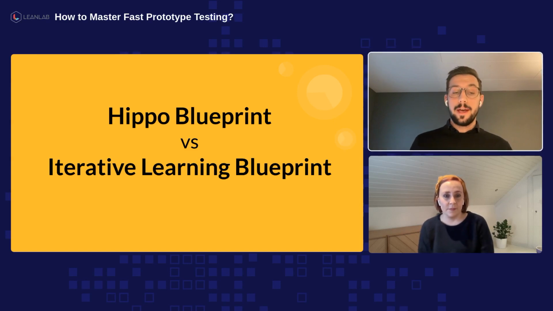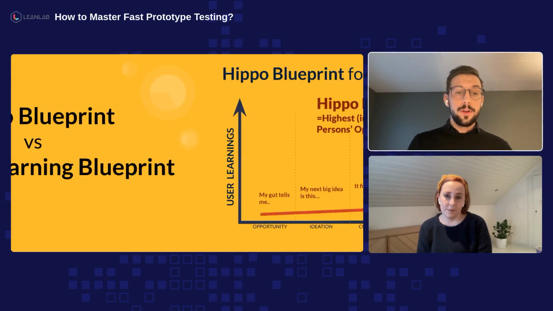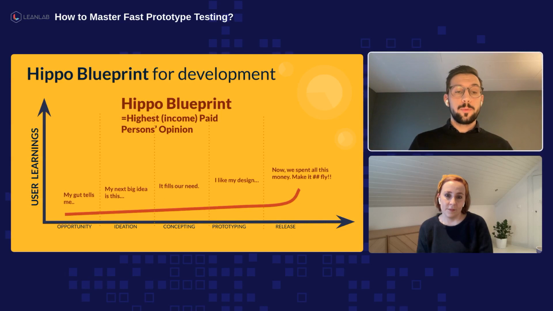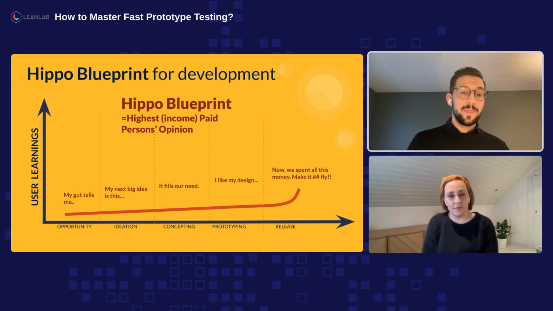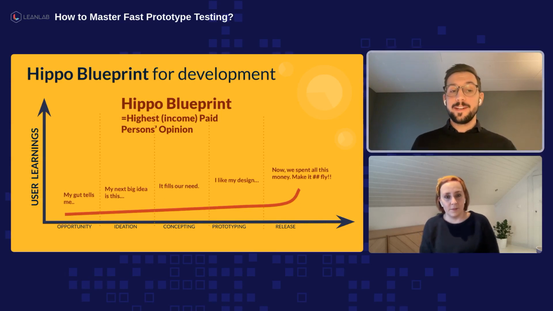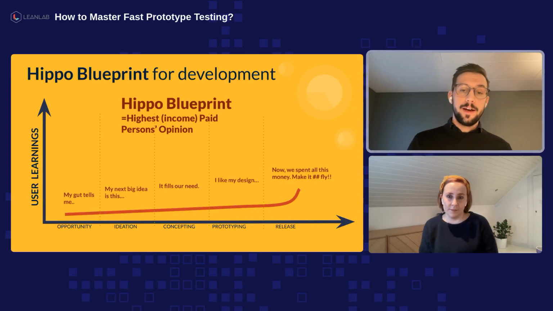One that we call the Hippo blueprint and the other that we call the iterative learning blueprint. Starting with the Hippo blueprint, this means that the highest paid person's opinion is the leading voice throughout the development or design process.